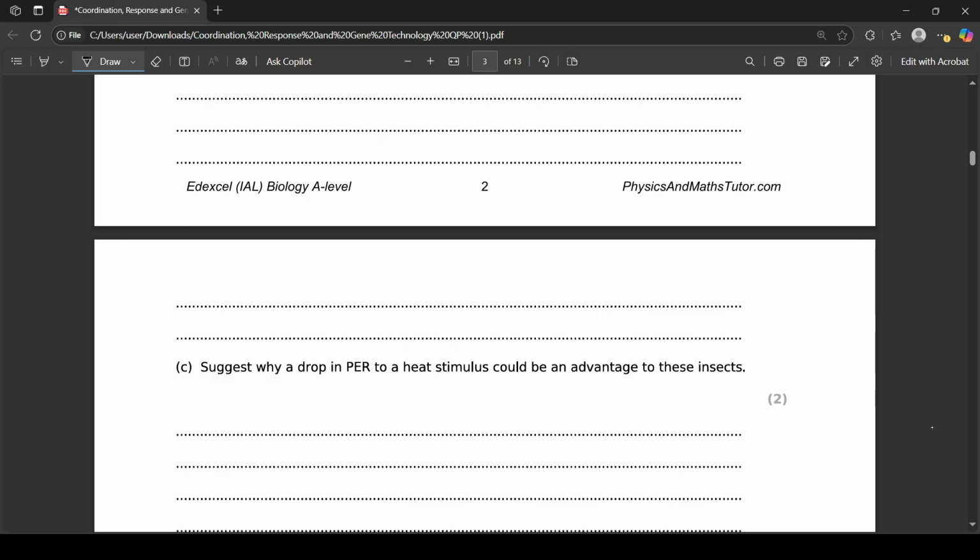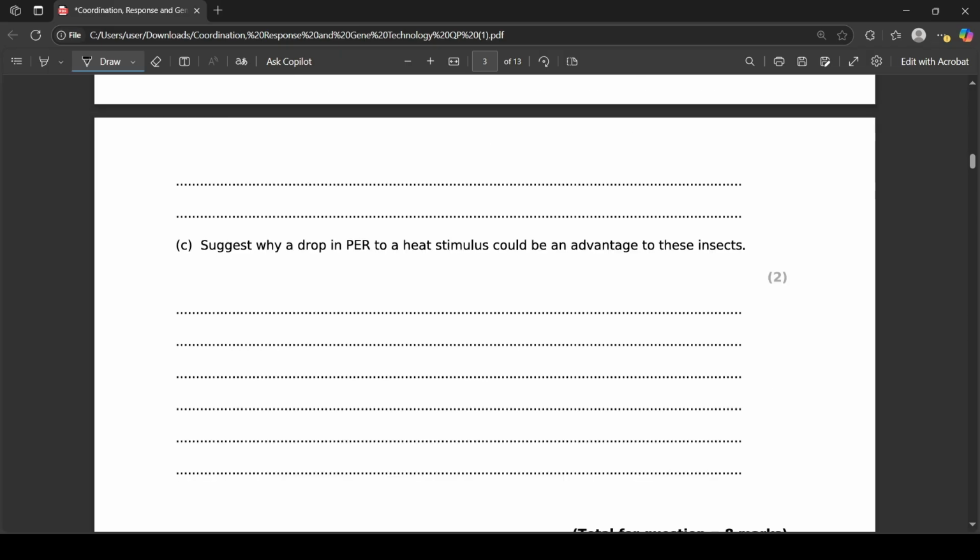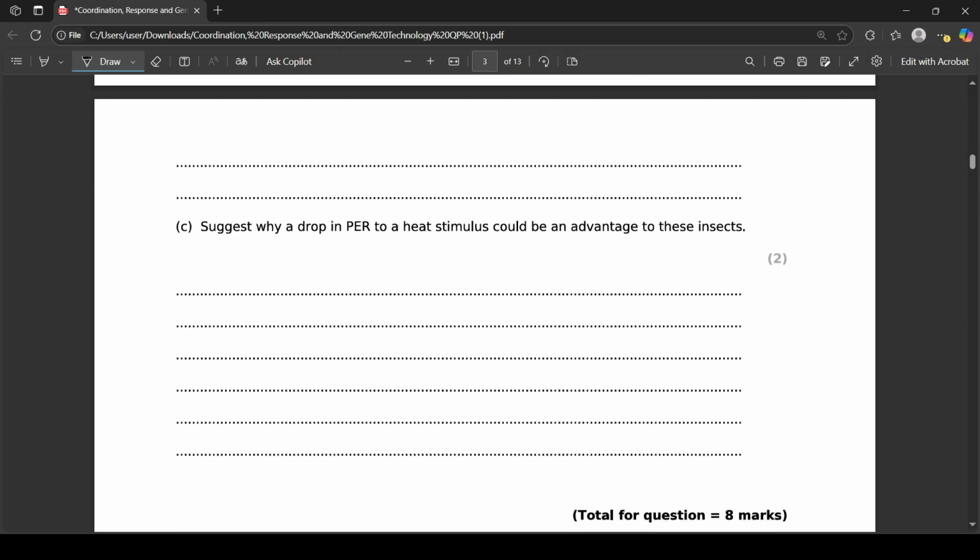The next part suggests why a drop in PER to a heat stimulus could be an advantage to these insects. Okay, so basically we know that habituation is a response by animals if they are in a very unfamiliar situation.